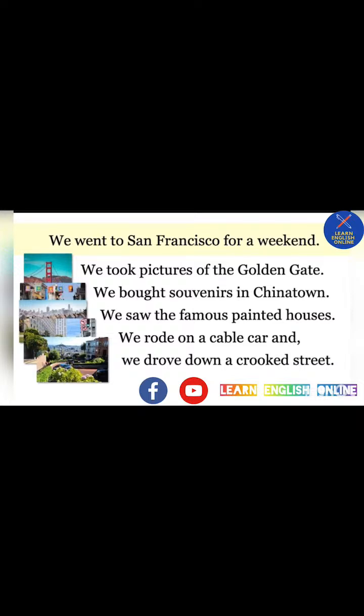You know, to form the past, we add ed to the verb. But look here, none of these verbs end in ed. They are irregular. Went, took, bought, saw, rode, and drove. These are all irregular verbs in the past, and this is what this lesson is going to be about.